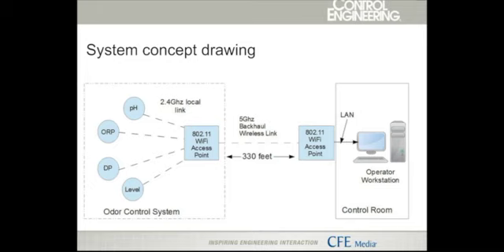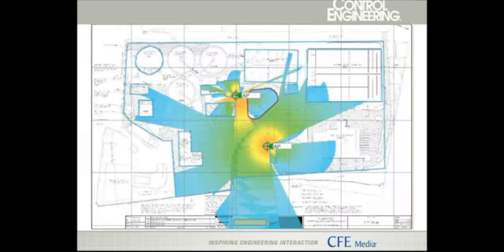So the first step in putting this together was to do a site survey. The first thing we did was plug all the values into a program to do a predictive site survey, and you can see the results here. The orange and yellow circle at the lower right is the location of the odor control system.